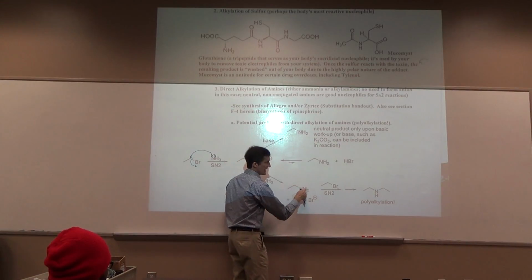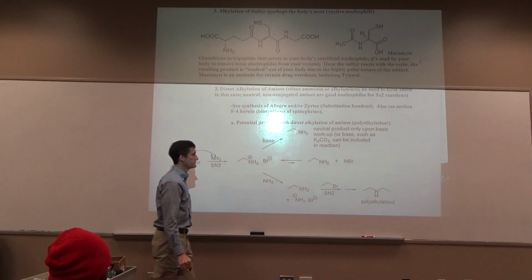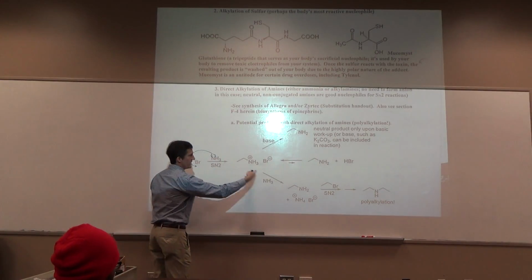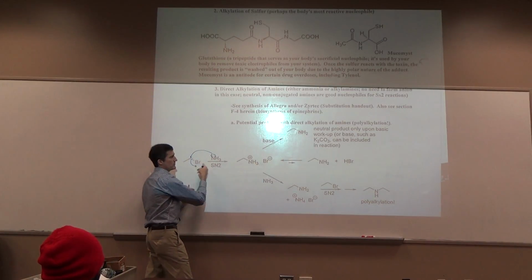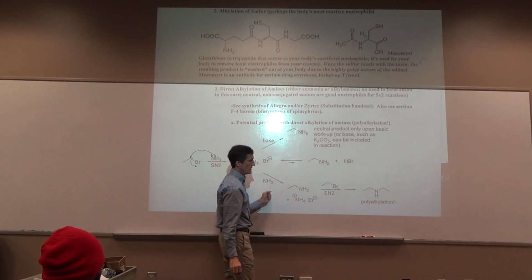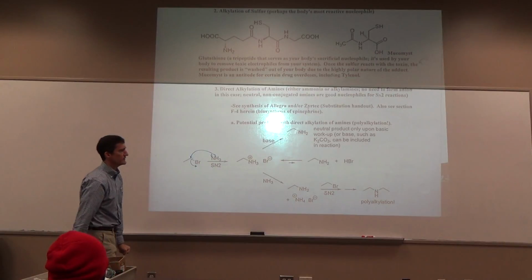The amine can then react again to put on another group. And that can happen in the reaction because as soon as some of this is formed, the ammonia can move over here and start acting as a base. Polyalkylation is often a problem, although it's not always.